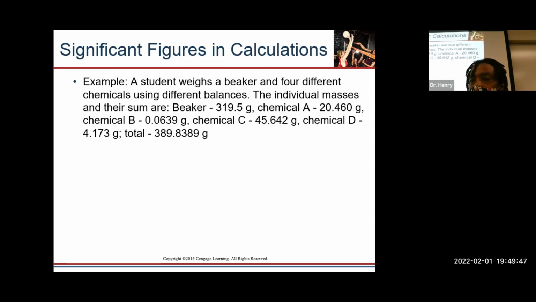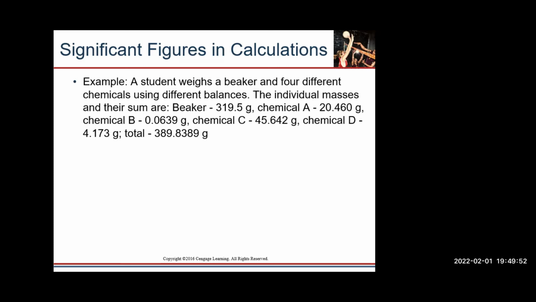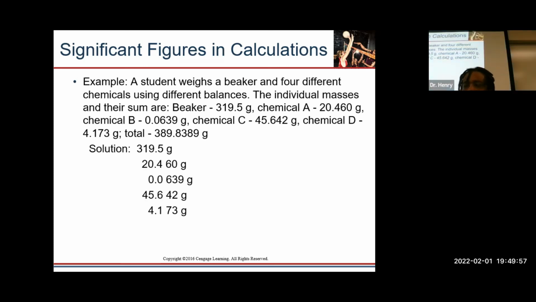What are we going to do first? Use the 389. Line it up. Okay, so we got it lined up. What are we going to do next? So we're going to draw our lines. Okay, for the first number, 319.5, where does significance stop? After the 5. Okay.